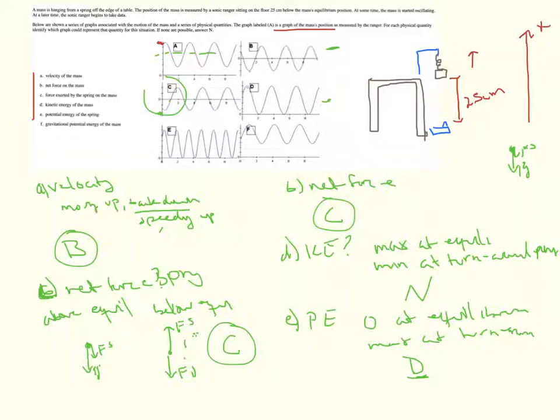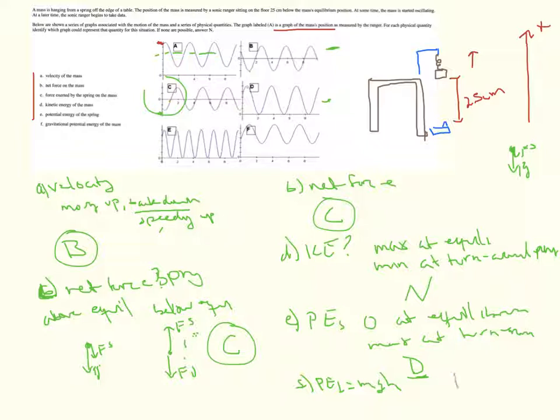And the gravitational potential energy of the mass is going to change with the height. So the PE gravitational should be mgh. So the height's going to be getting bigger as we go up, and then it's going to be getting less, but it's never going to be negative, and it's never going to be 0.